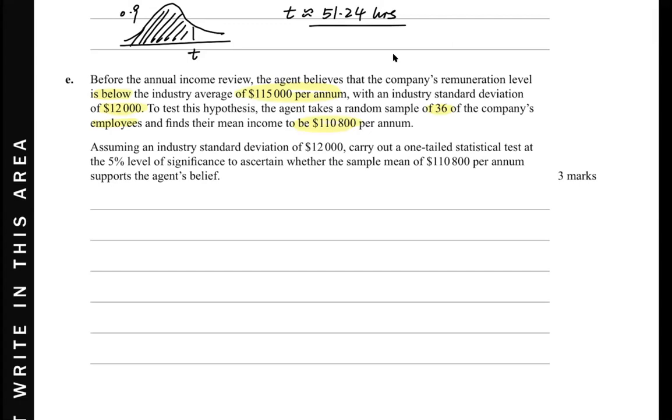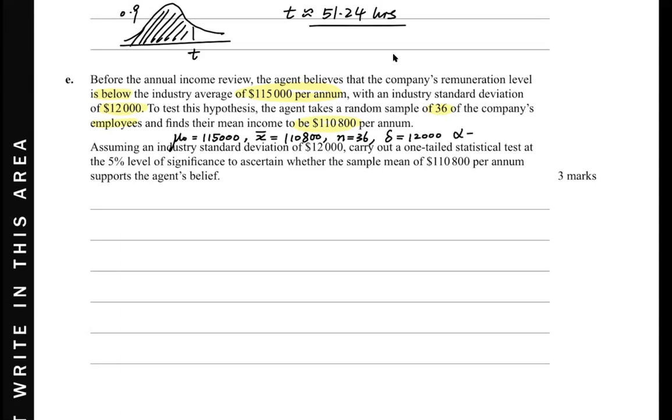So let's list them. Mu0 is this industry average here. X bar is this number here, calculated from 36 employees, and the population standard deviation is 12,000.